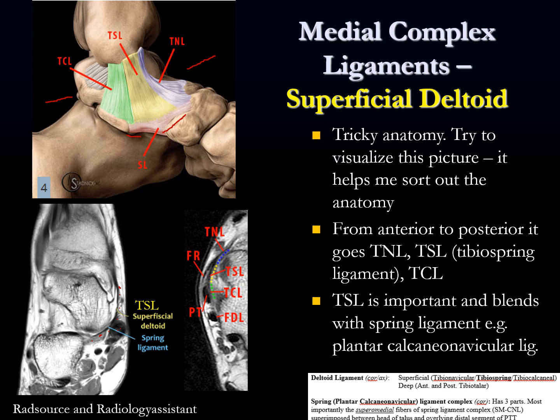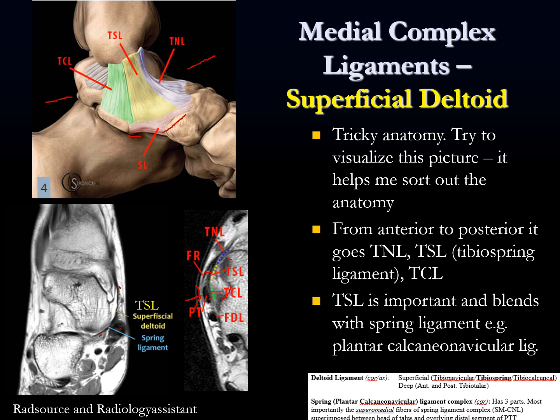So this is the axial. Once again, just color coded the same way: tibionavicular, tibial spring, tibiocalcaneal. One helpful little pearl that I got is, if you're scrolling down on your axial images, the posterior tibial tendon is pretty easy to see. You usually can find that, and you can also usually find the concavity of the neck of the talus right here.